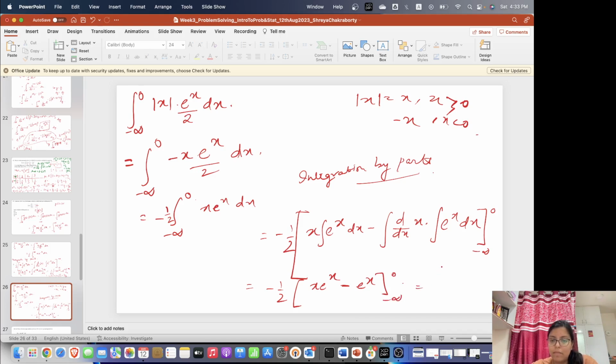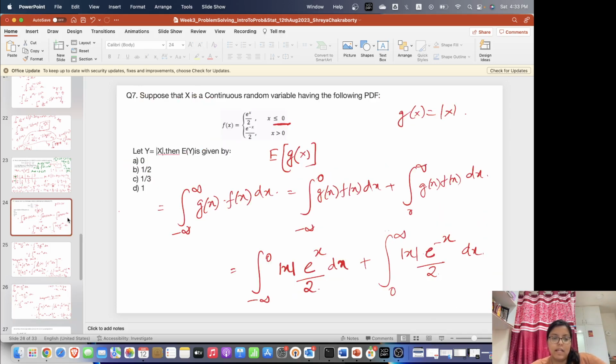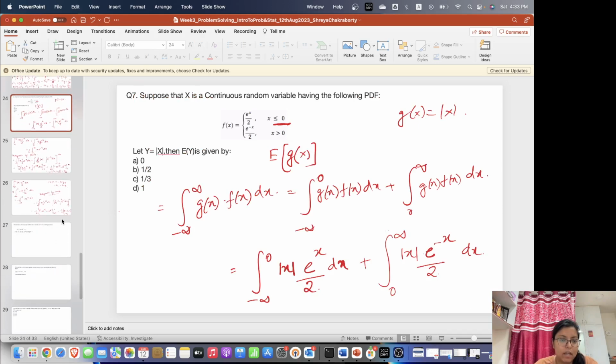So this will be minus half 0 minus 1 minus, when we put minus infinity, if we substitute over here, both of these will tend to 0. So we have half. Thus again if I have to come back here, this thing is half, this thing is also half, so we have 1 is the answer.